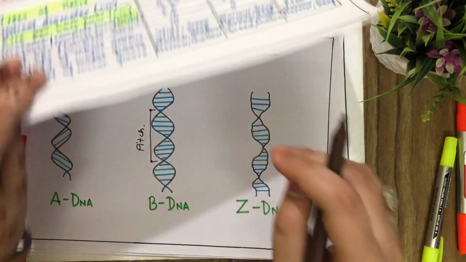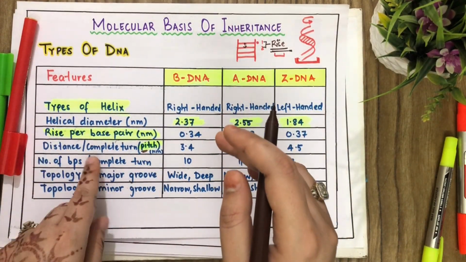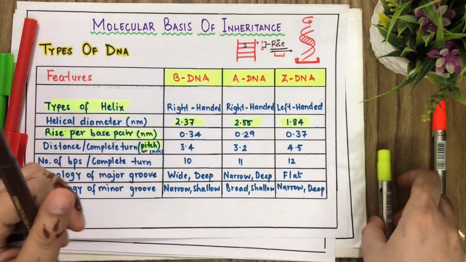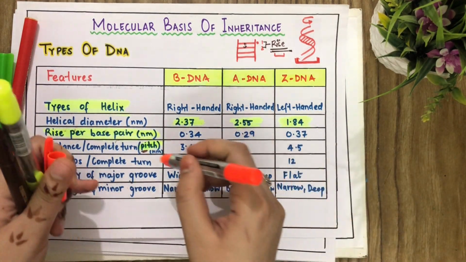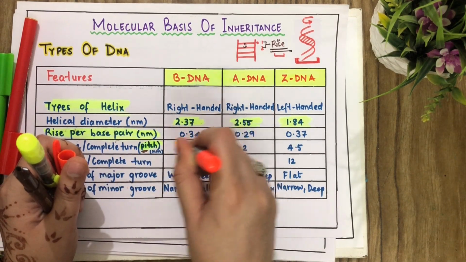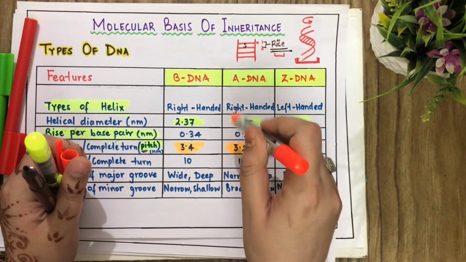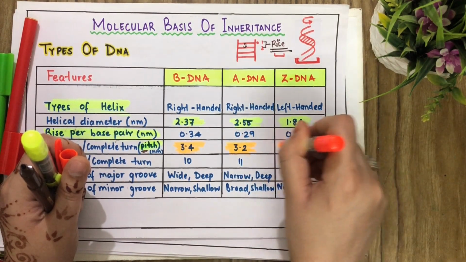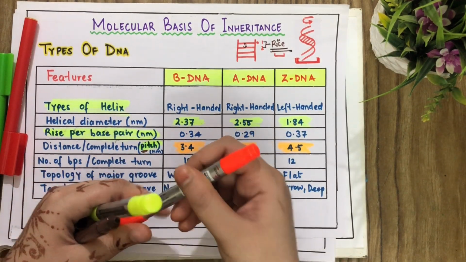So this is the distance per complete turn. If we look at B DNA, this distance is 3.4 in B DNA, 3.2 in A DNA, and 4.5 in Z DNA.